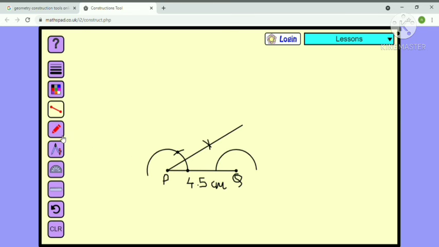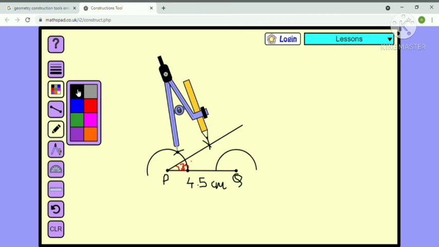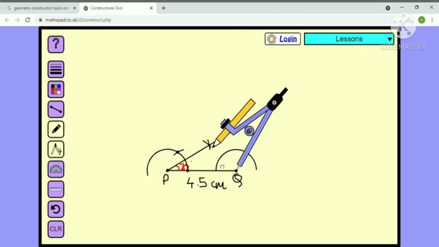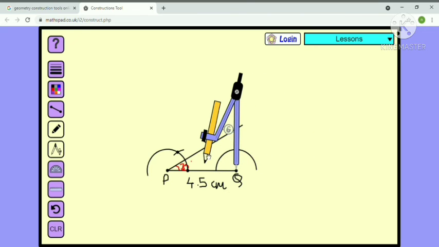Now after that, as we have to construct 45 degree angle at point Q, let us take the compass, make sure the distance is the same.